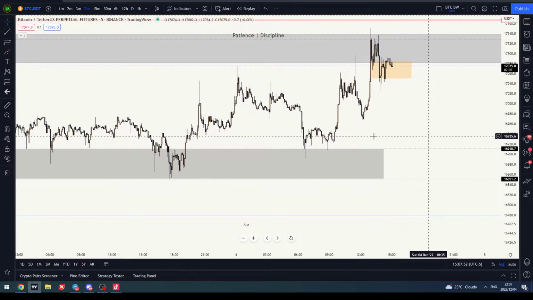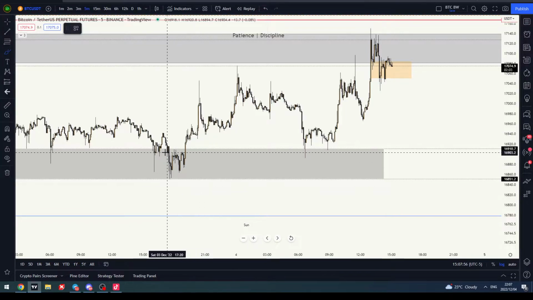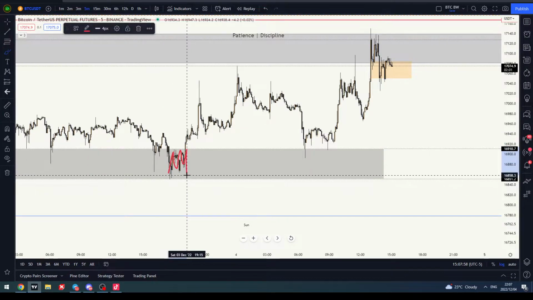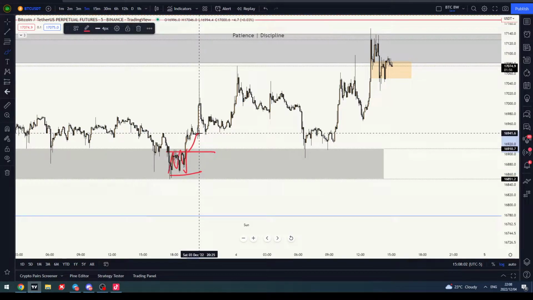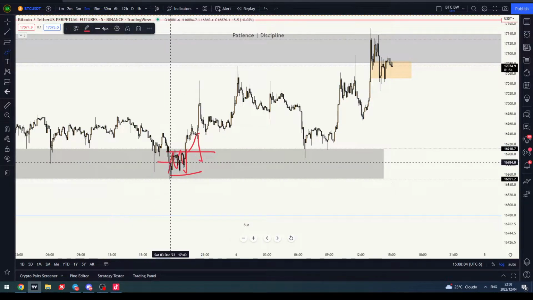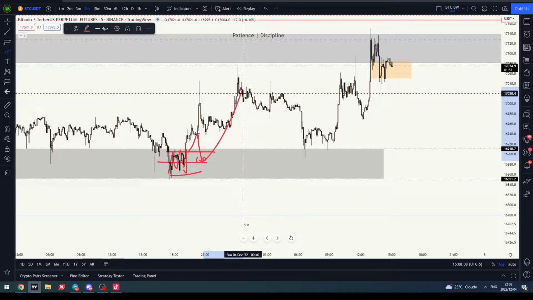Consolidation will look for a mean reversion or 50%. So if this was a consolidation here and this was the range, if price comes out, it will look to come back into 50% or equilibrium of the range before continuation, right? So that's consolidation.